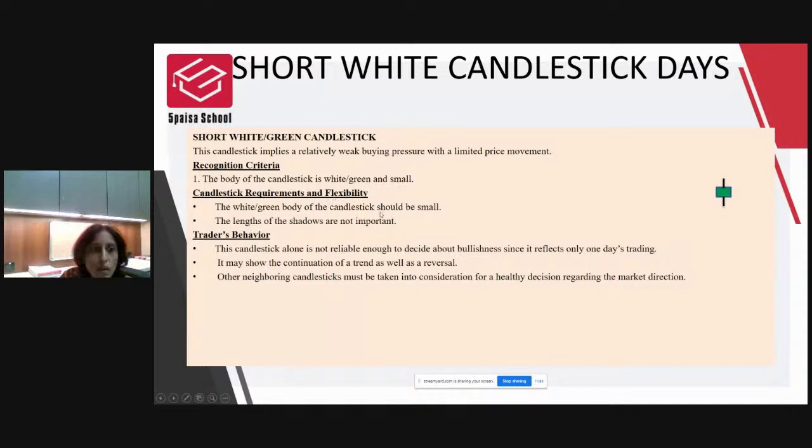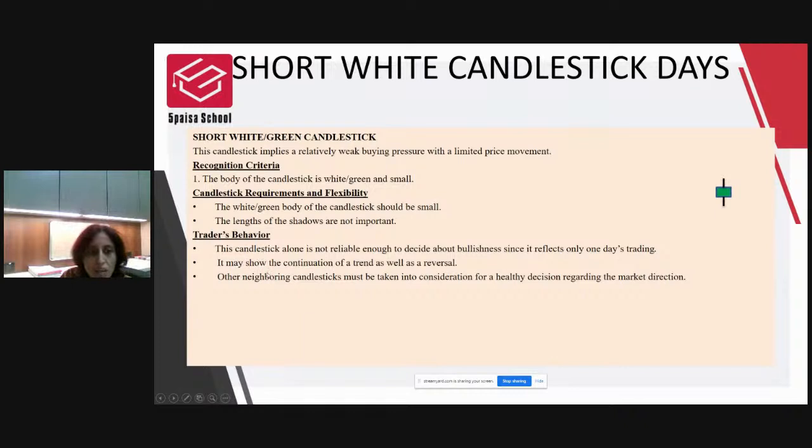Okay, so how to identify? I've already said the real body is small. And of course, the length of these wicks or shadows, whatever you say, is not that important. They do not reflect any kind of information. So it may show the continuation of a trend as well as a reversal. If you ever happen to witness this kind of short candlestick on any chart, how should it be interpreted?